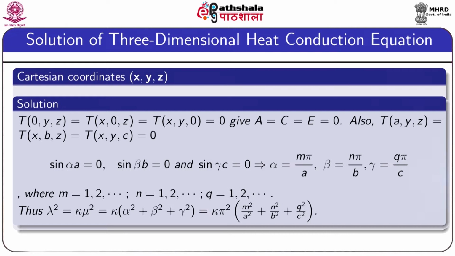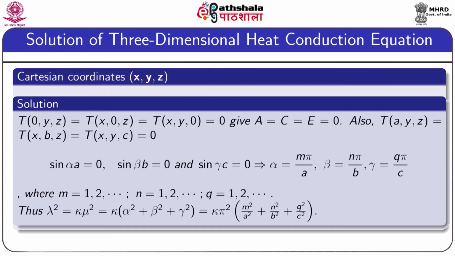And these 3 equations give the values of alpha as m pi by a, beta as n pi by b and gamma as q pi by c, where m, n and q are integers. Here we have taken only positive integral values of m, n and q.